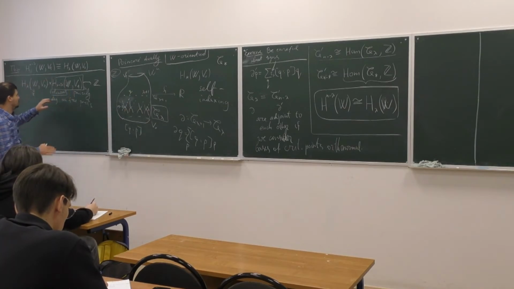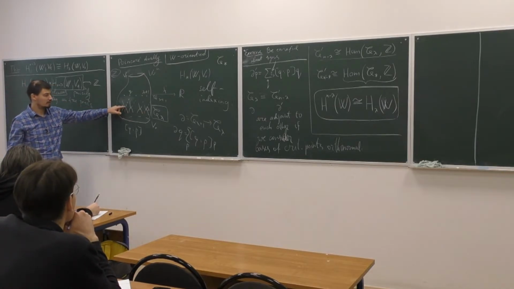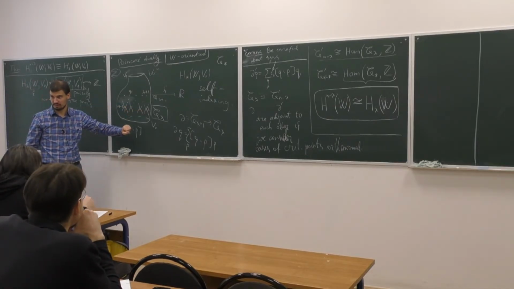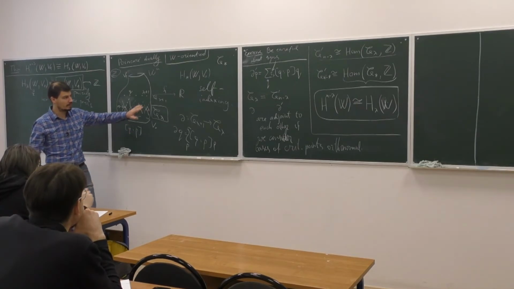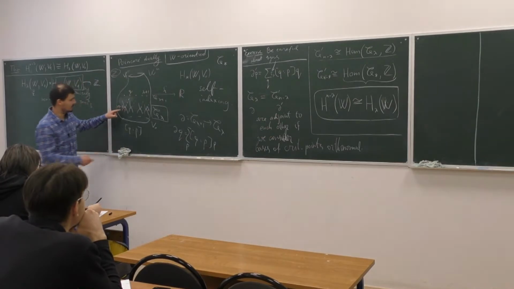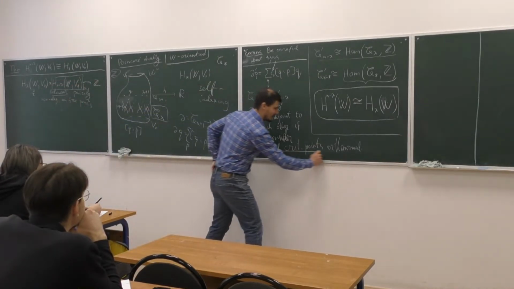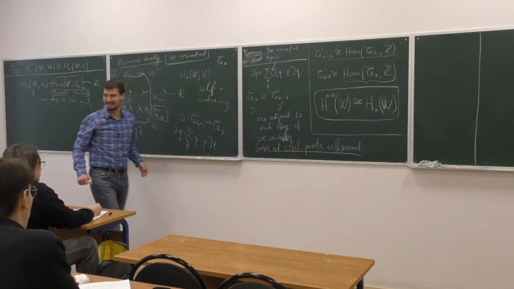And what is the geometric meaning of this pairing? This is just the algebraic intersection number. If we look through this construction, then we see that this basis is orthonormal.